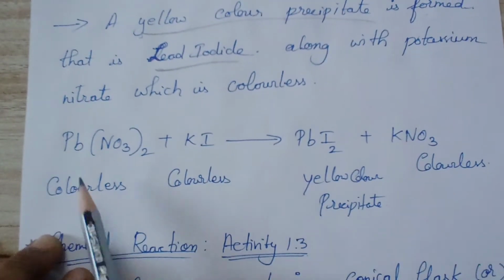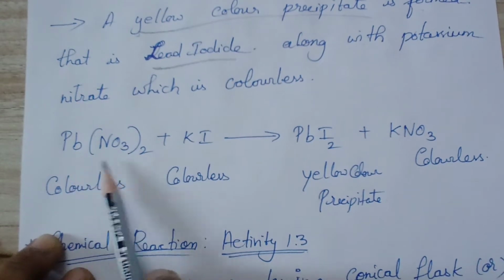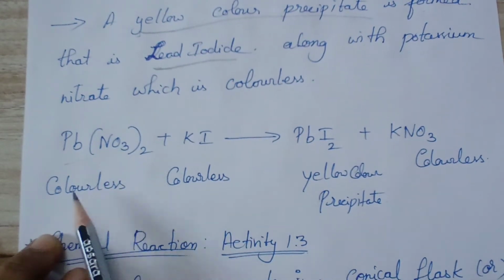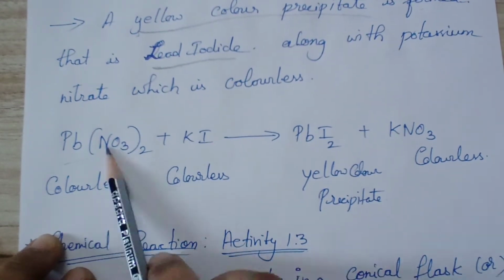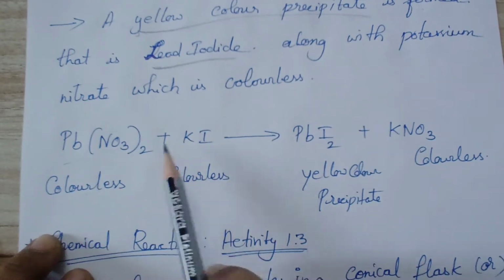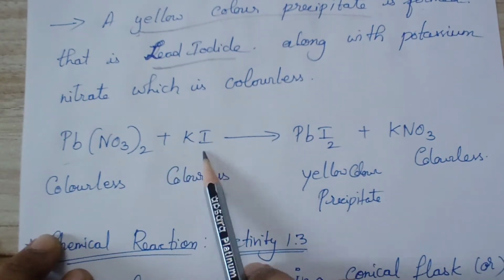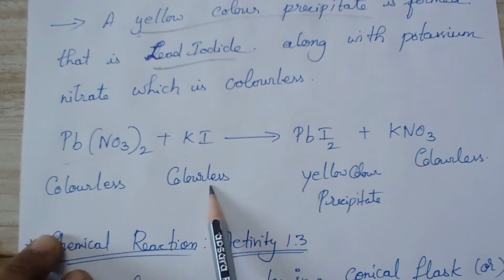So what is the reaction? Lead nitrate, a colorless solution, reacts with potassium iodide, also colorless.